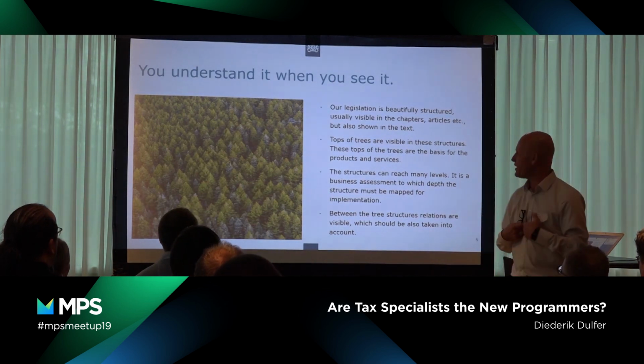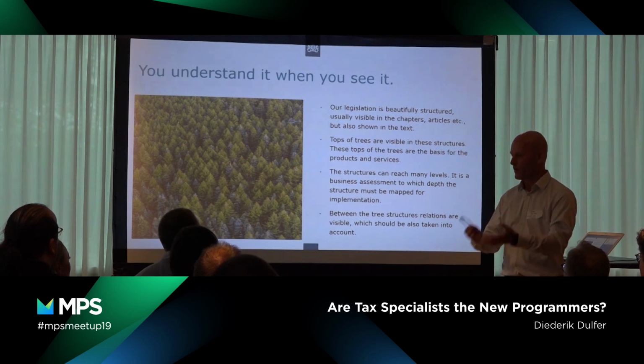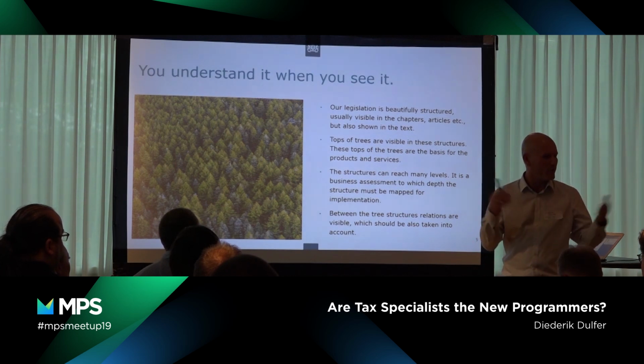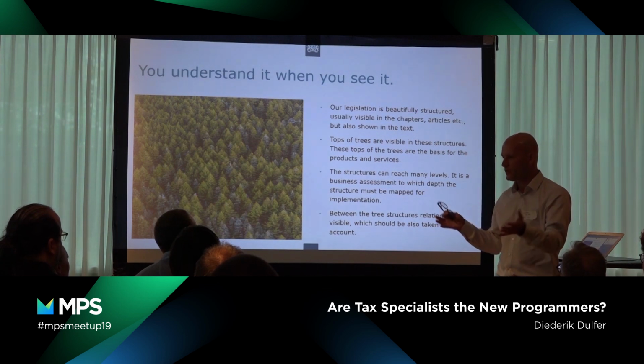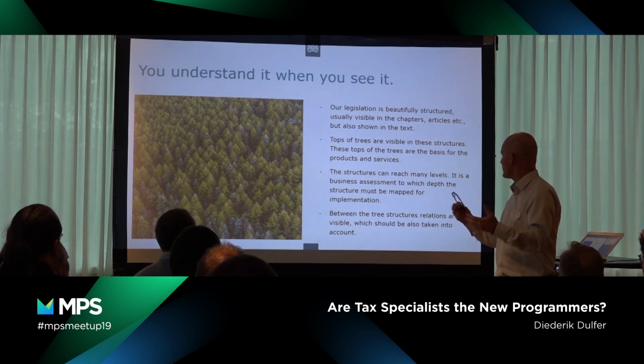One of the things that I discovered in the last years is that when I read legislation, it is full of trees. What do I mean by trees? Of course, you see the physical structure often in documents with chapters and articles and things like that.